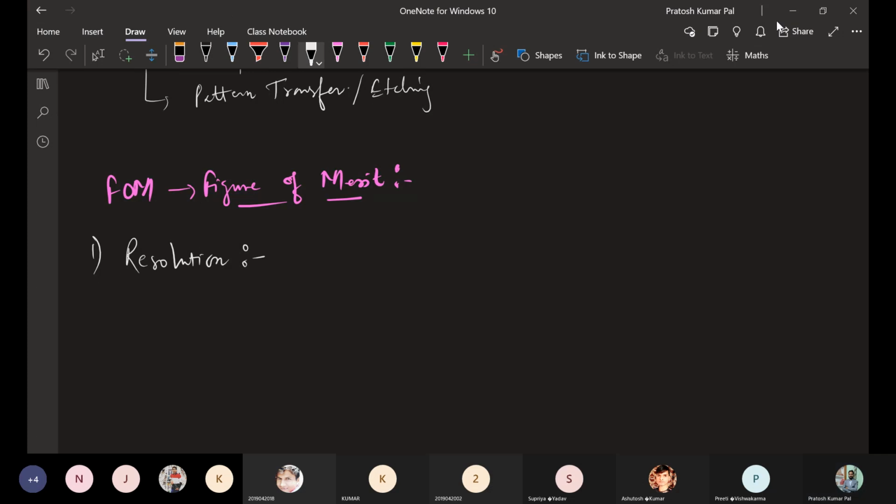So here this resolution indicates the minimum feature size.